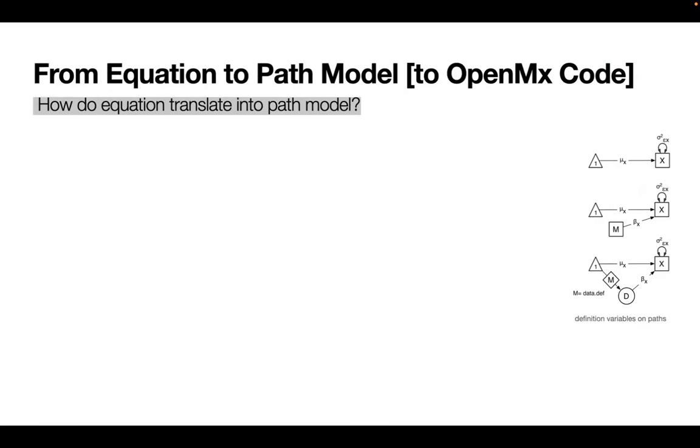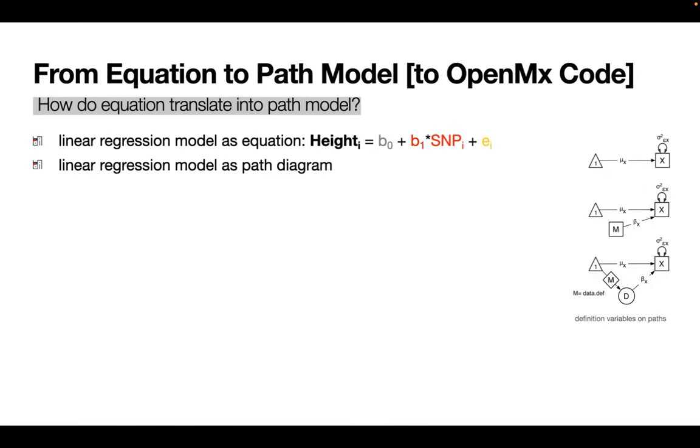So now we're ready to go from the equation to a path model. And here we do this for our simple example of linear regression. So you're all familiar with the equation. We're going to turn this into a path diagram that will then allow us to work out what the implied means are and the implied covariance structure from our linear regression model.